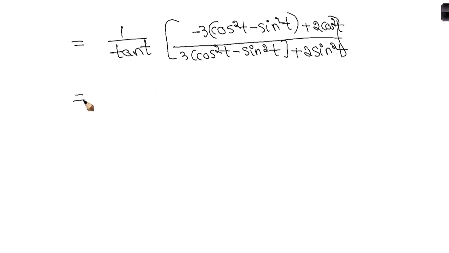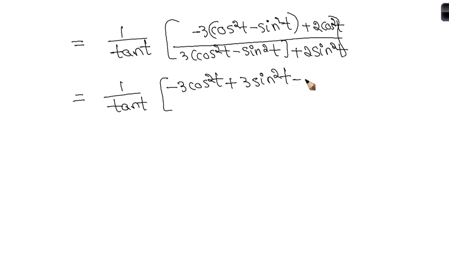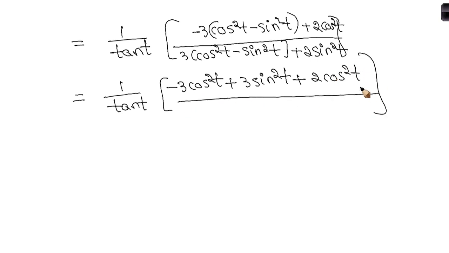So if we simplify this, it is the same as 1 by tan t into minus 3 cos square t plus 3 sin square t plus 2 cos square t upon 3 cos square t minus 3 sin square t plus 2 sin square t.